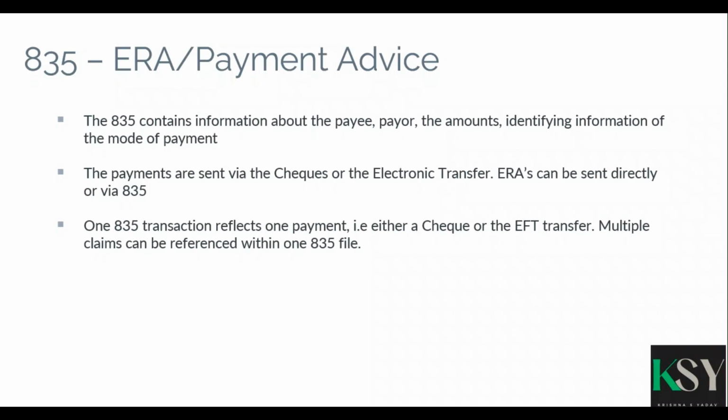And ERAs can be sent directly or through the 835s as well. Each 835 transaction reflects one payment. If there are two modes of payment, it would come as two different 835 transaction sets. And you could also always have one file with multiple 835 transaction sets.